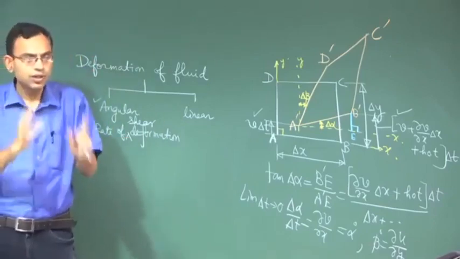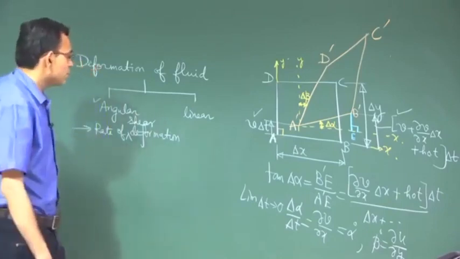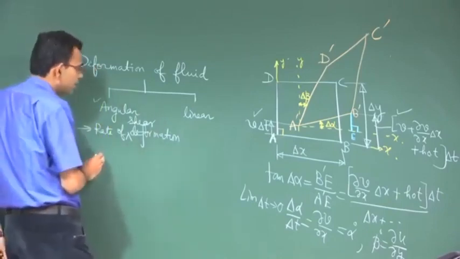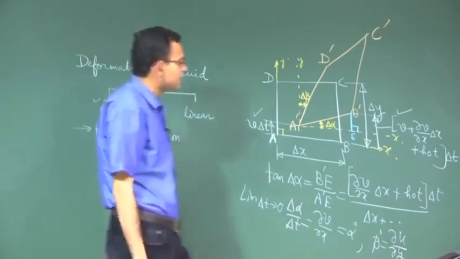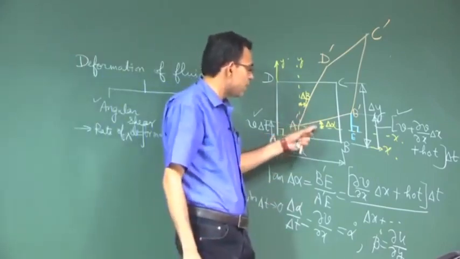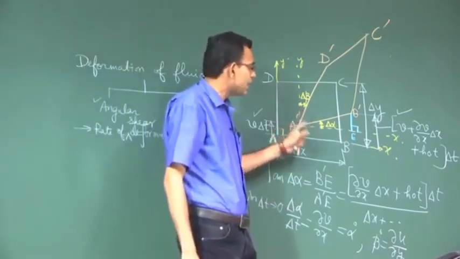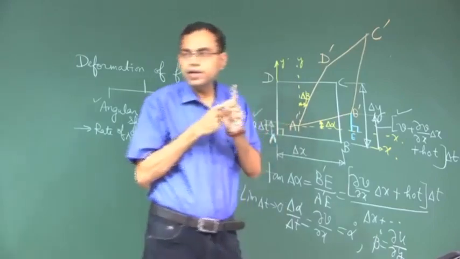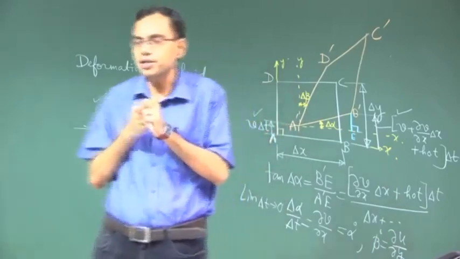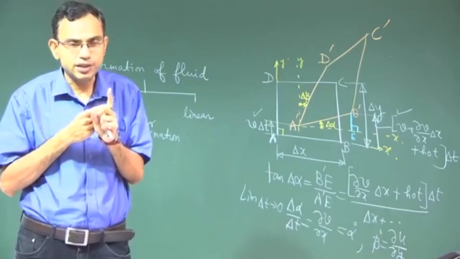So, just to specify it properly, rate of shear deformation is defined as the rate of change of the angle between two imaginary line elements that were originally perpendicular to each other.